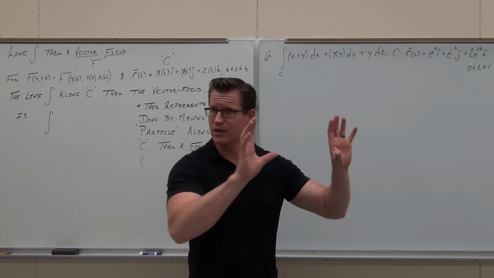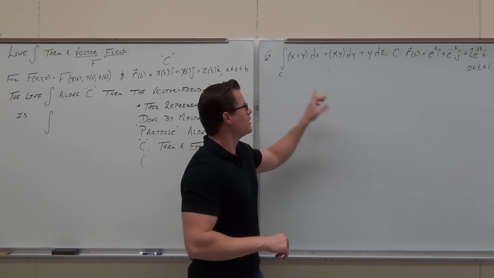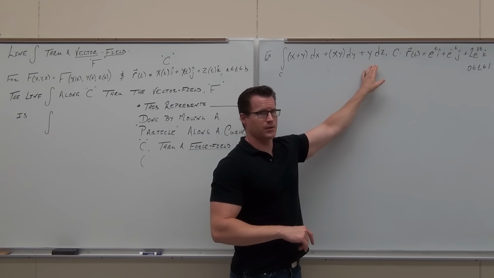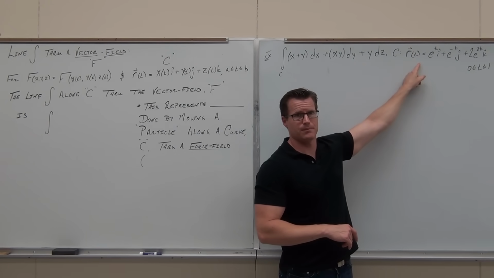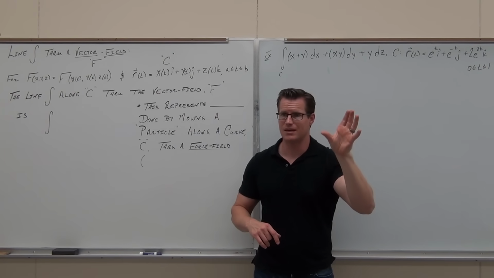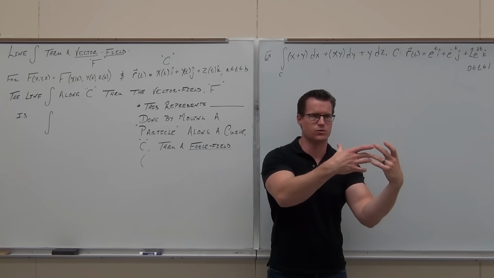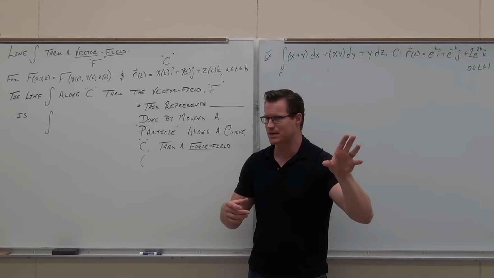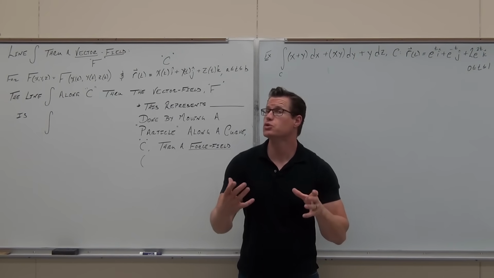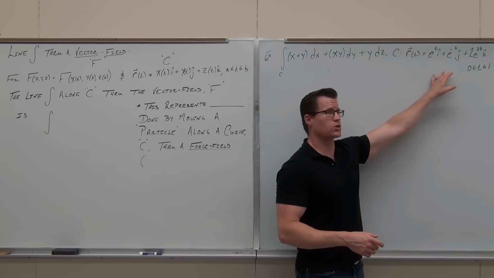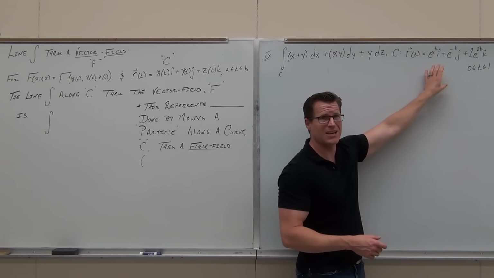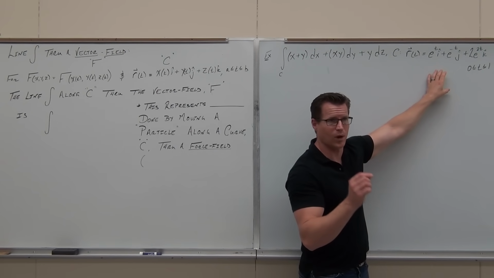So in this case, let's look at the board right now. If there's no ds, there's no reason to take a derivative, because I don't have to substitute in the ds for the magnitude of the derivative of the vector function dt. Does that make sense? What I do need the vector function for, and what I told you to do every single time if you're given a vector function, is what?